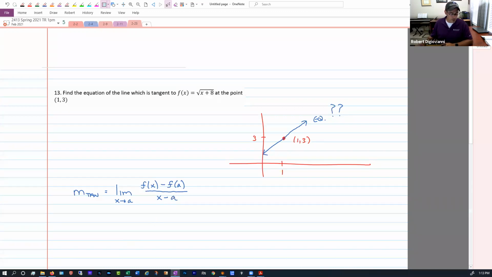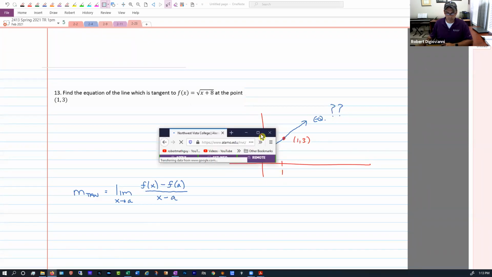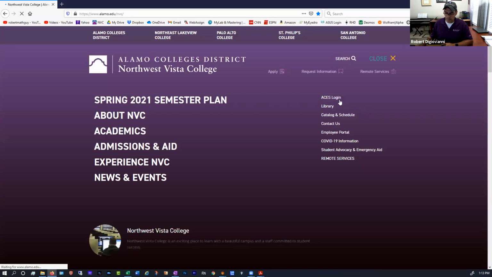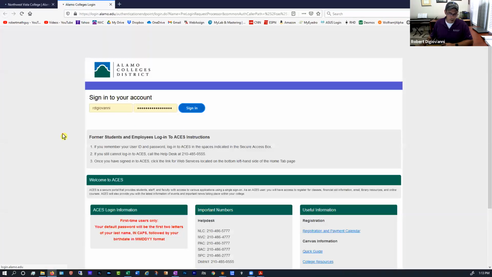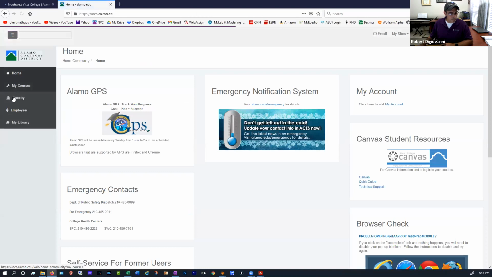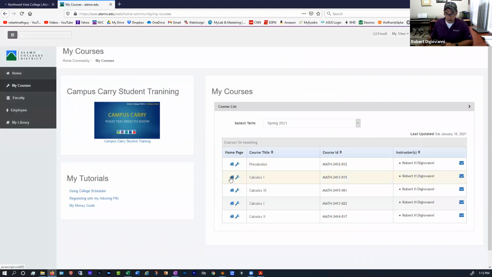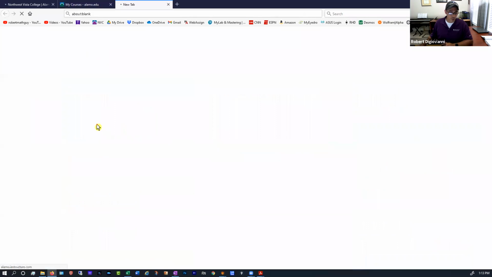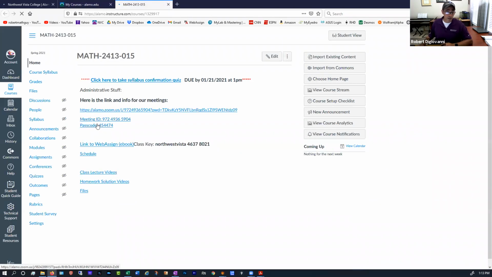So if you go to Canvas and you go to our main page, let me bring this up. Hate having to log in again. I told you very early on in this semester that it's up to you to go print out these formulas. So hopefully you have these.